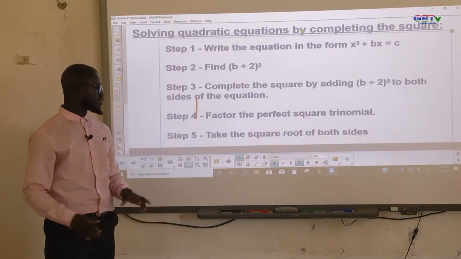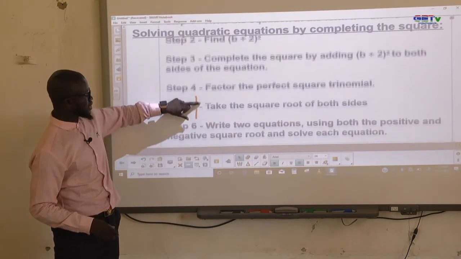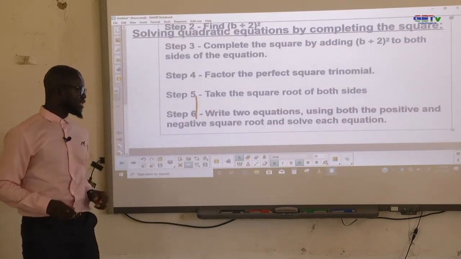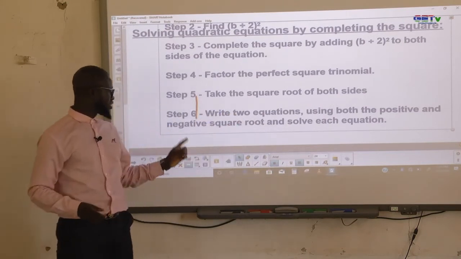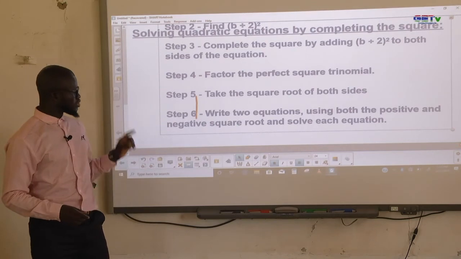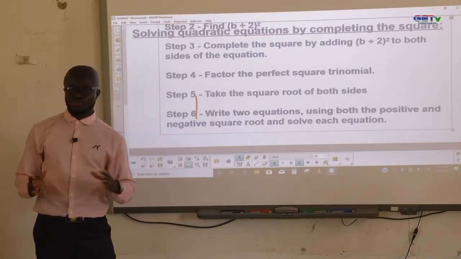Step 5, you take the square root of both sides to simplify and get the answer. Then step 6, write down the two equations using both the positive and the negative square root and solve each equation by parts.